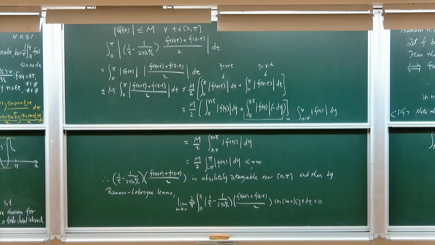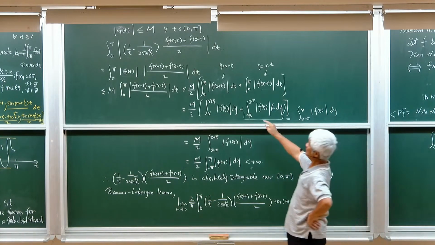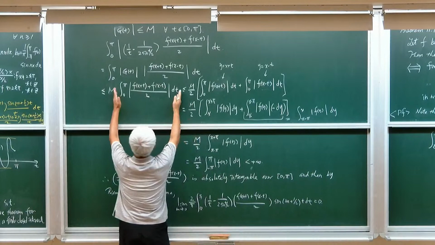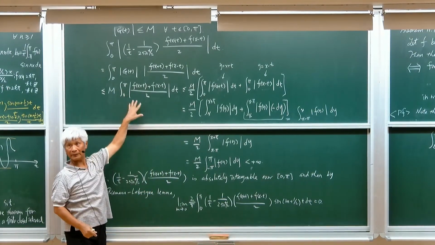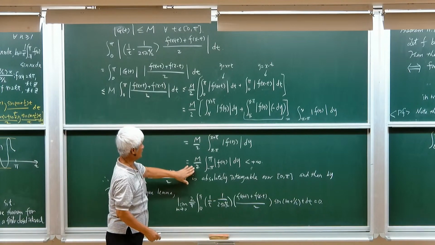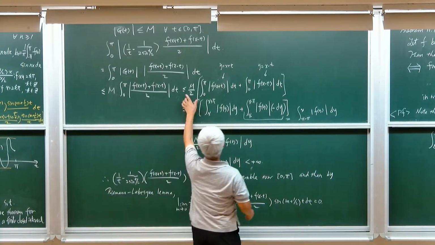And the procedure is similar to the previous derivation. Here we start with this integral from 0 to pi, and we end up with an upper bound.